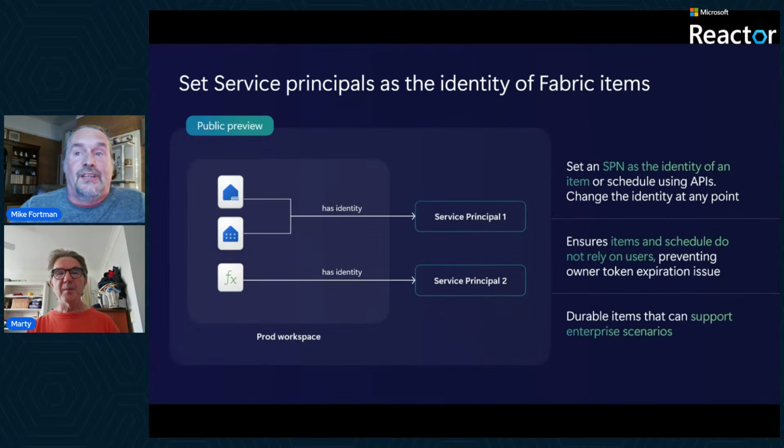One thing that's in public preview is, I don't know, Marty, if you've had these challenges, but we have some issues with ownership of items. And I'm really glad to see that Microsoft is addressing that, where you can set up service principals to own your lakehouses and event streams, I think, or what I've heard right off the bat. Other things are coming. Go, please. Yeah, I do like that, Mike. The ownership is a big point.